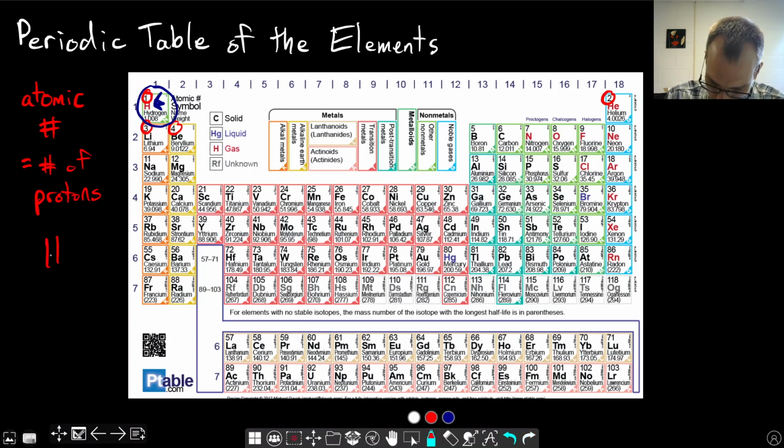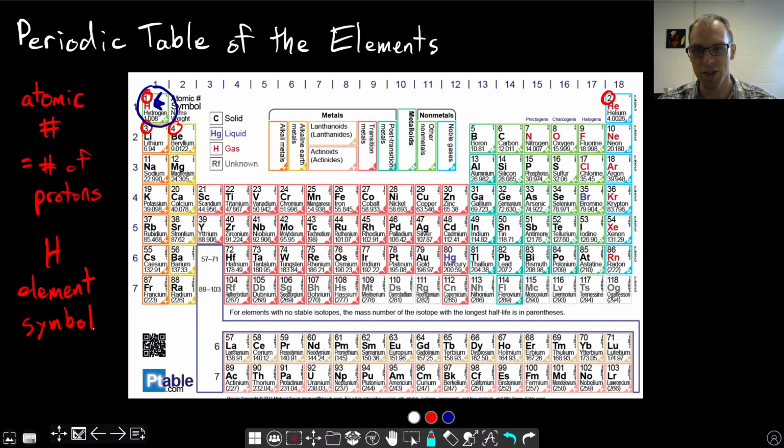So we have H. This is what we call the element symbol. And this is generally how we will represent the different elements. And then beneath that, you can see you have the actual name written out. So hydrogen is H, and the full name is hydrogen. If we go over to helium over here, helium is He, uppercase H, lowercase e, with the name underneath it.